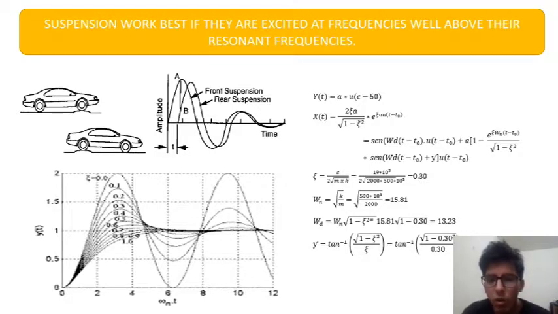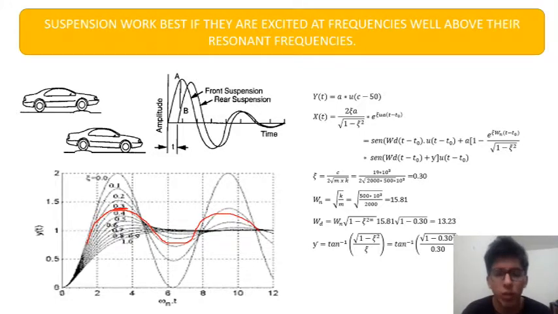We calculate all this and we have here a graphic related to the damper coefficient. Here the answer is 0.30 and we have this here. So this is the response of the vehicle approximately.